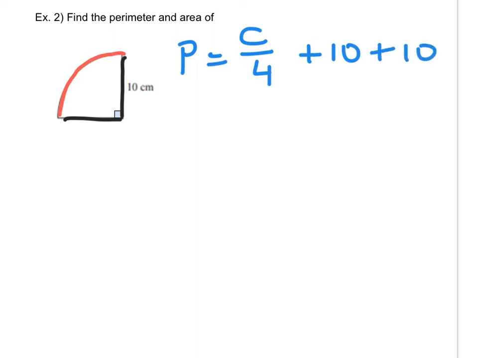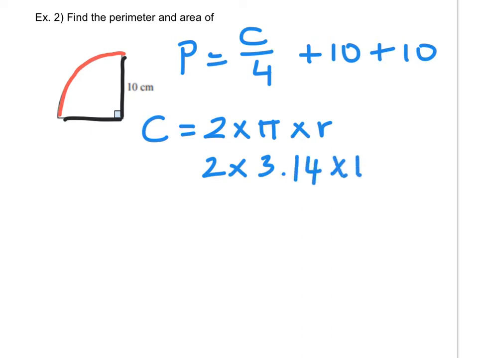Okay, so let's find out what the circumference is. The circumference is 2 times pi times r, which equals 2 times 3.14 times 10. 10 is the radius. Let me plug that in the calculator.